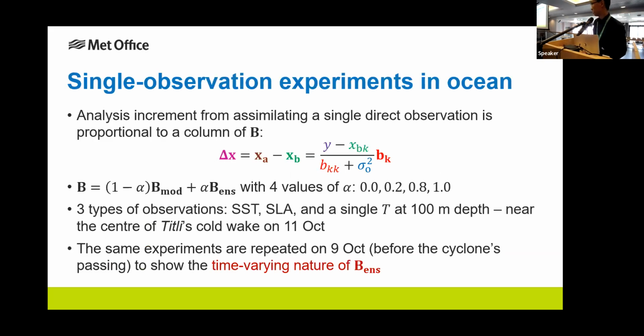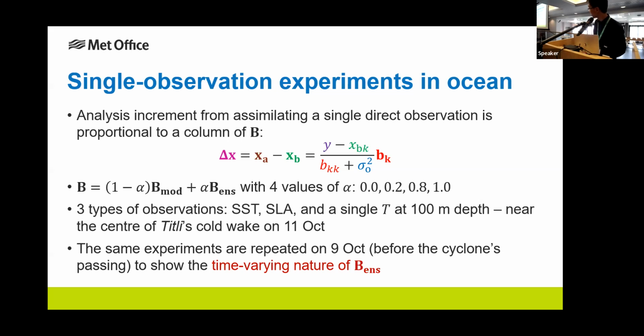First of all, ignore the coupled part. We'll just do some single observation experiments in the ocean. The theory of variational DA tells us that the analysis increments from assimilating a single direct observation are proportional to a column of the B matrix.